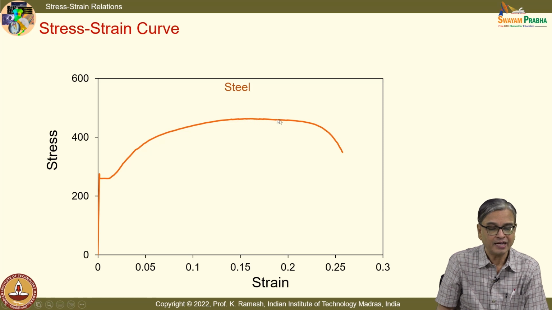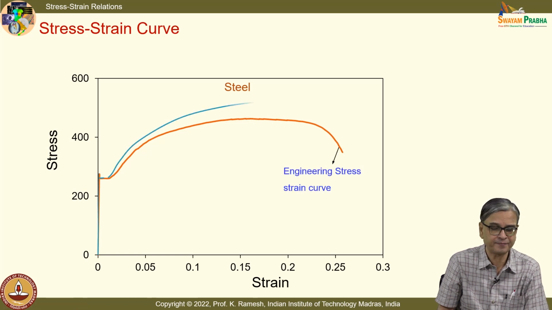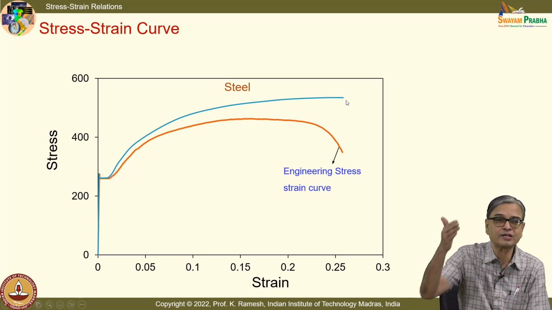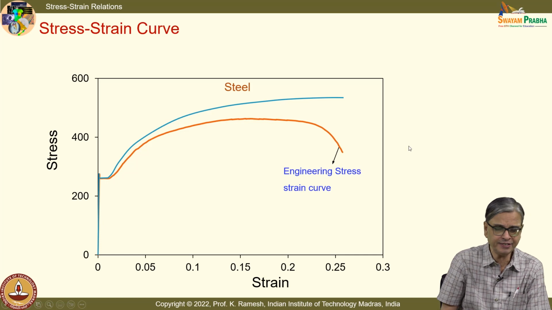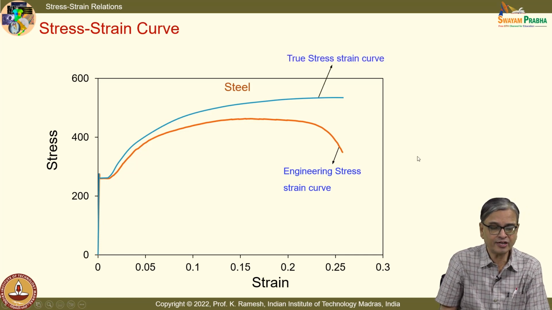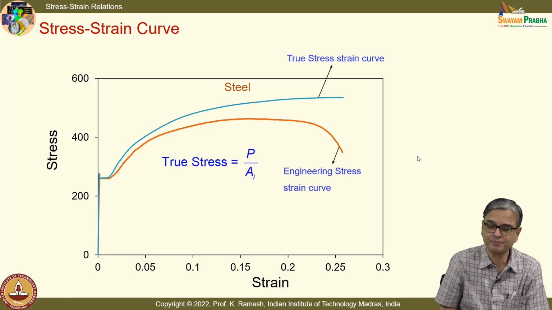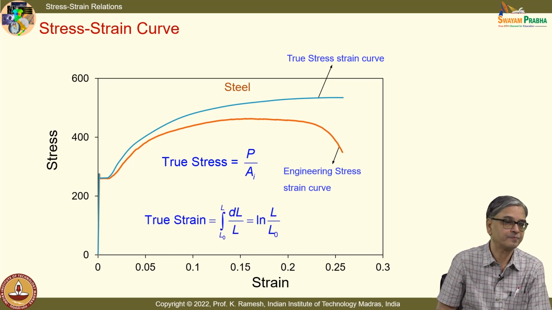After necking, the conventional graph is drooping down because there is a visible change in the cross-sectional area. When I plot it with the new definition of strain, the graph will keep moving up because you are also correspondingly changing the area of cross section. This is called a true stress strain curve, and you have the definition of true stress as P by A instantaneous, and true strain as integral dL by L.